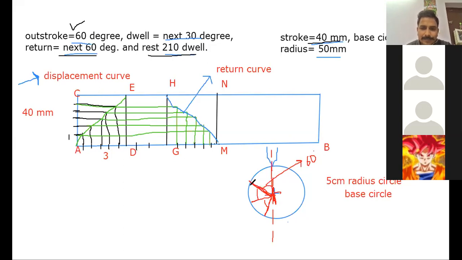Then after that, let me name this point. This is R. This is P. This is T. Okay. So TR, you have to make 60 degrees from the protractor. Now keeping on this OR line, you have to make 30 degrees.